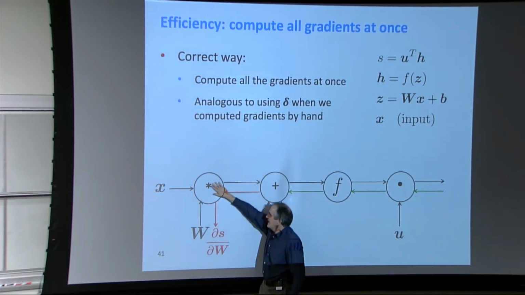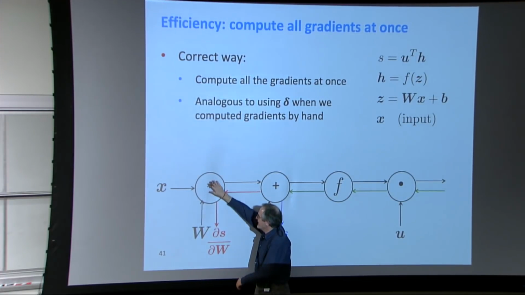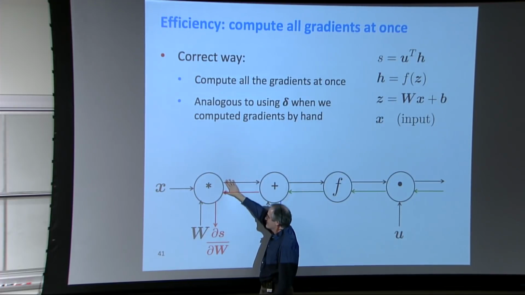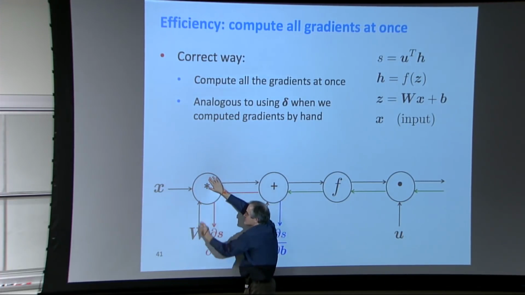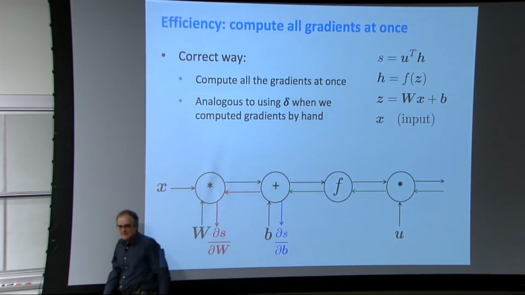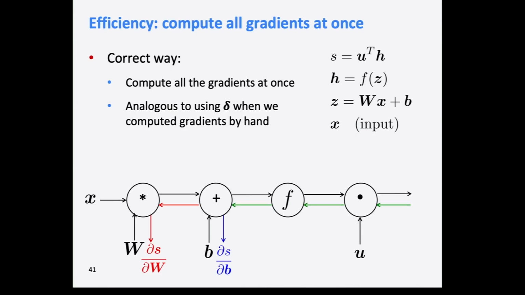And from here, knowing this upstream gradient, we can use the local gradients at this node to compute this one and that one. So we're doing this efficient computer science-like computation where we don't do any repeated work. Does that make sense? Okay.